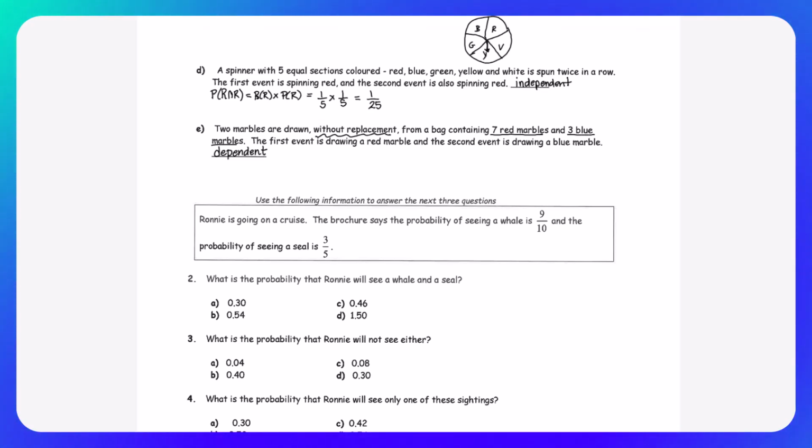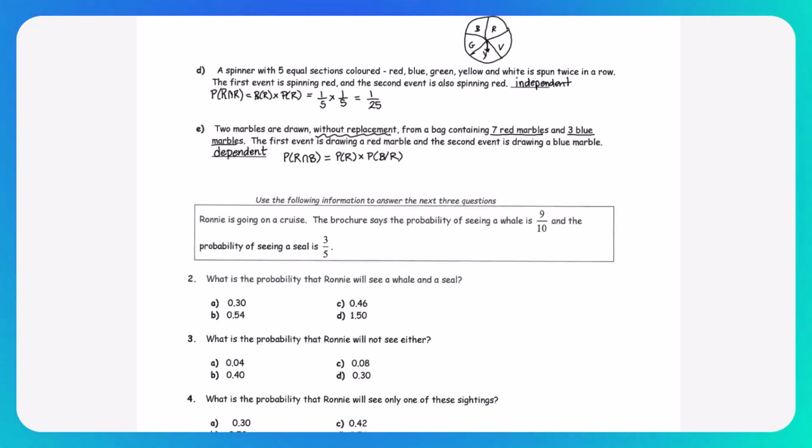The first event is drawing a red marble and the second event is drawing a blue. Now, because they're dependent, we have to use the dependency formula, which is the probability of red and blue is equal to the probability of red times the probability of blue, given that red has already occurred.